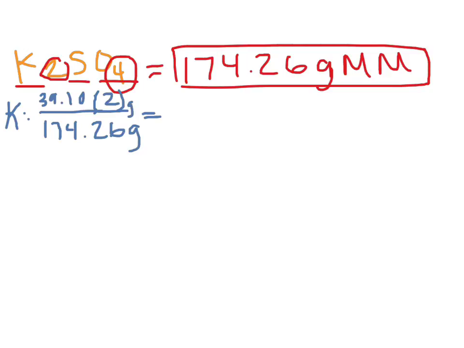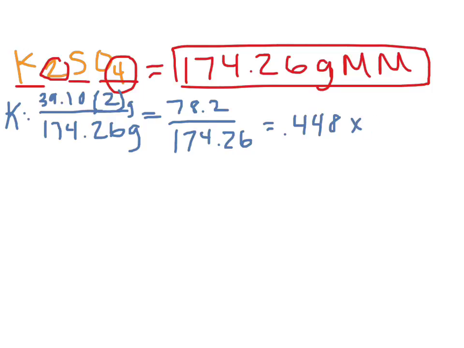They're both grams because they're both molar masses. So you have 78.2, if you want to do that. You don't have to do the extra step if you don't want to, but you're going to get 0.448.